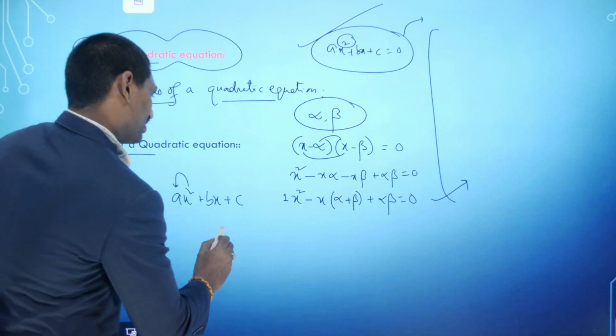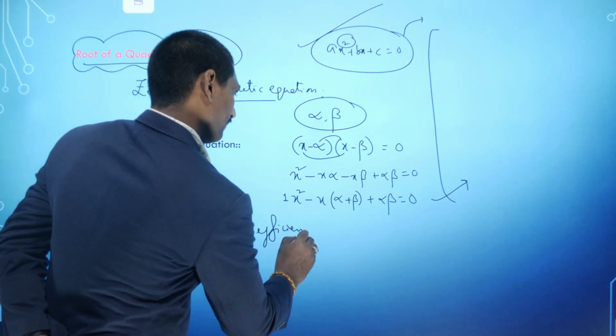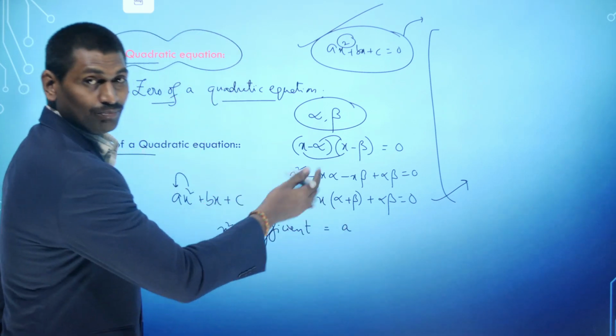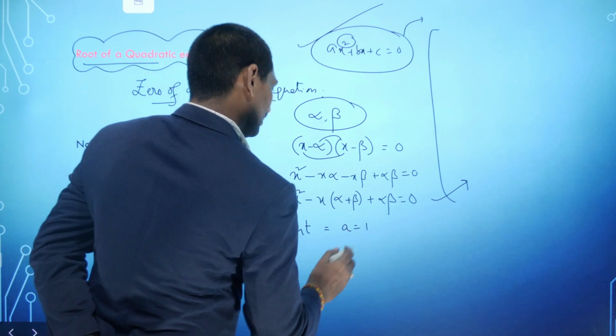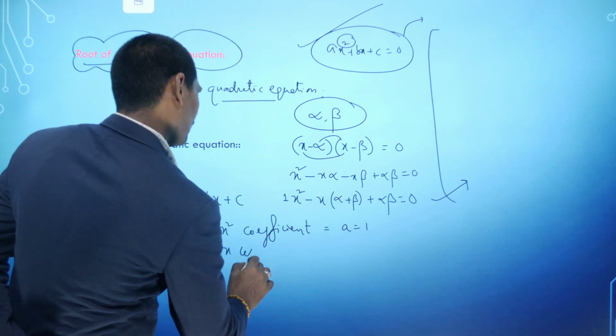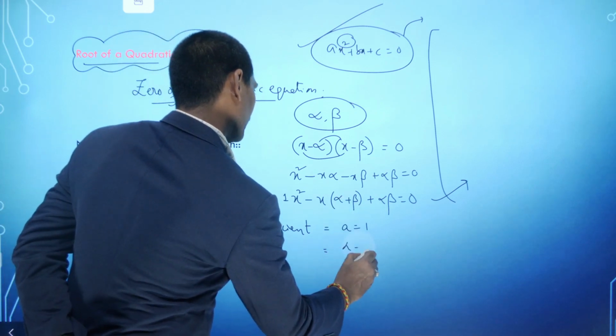Okay, x square coefficient is a. And what about the x coefficient on both sides? The x coefficient is here b, and here minus (alpha plus beta).